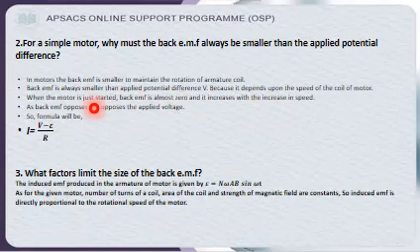What factors limit the size of back EMF? The induced EMF produced in the armature of the motor is given by E equals N omega A B sine omega t. In this formula, capital N is the number of turns, omega is the angular frequency, the angular velocity with which the coil moves in the external magnetic field, A is the area of the coil and B is the applied magnetic field.